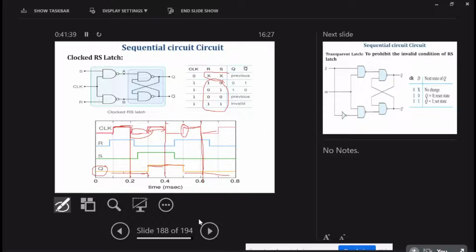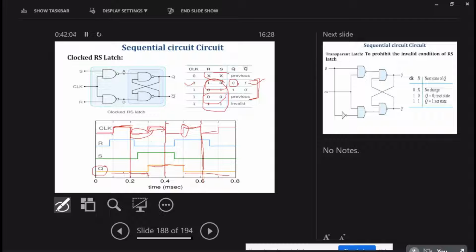What we are saying here is that we are interested in these three things: 1 0, 0 1 and 0 0. We are interested in these three input values because these are very important. This is for setting the Q value.